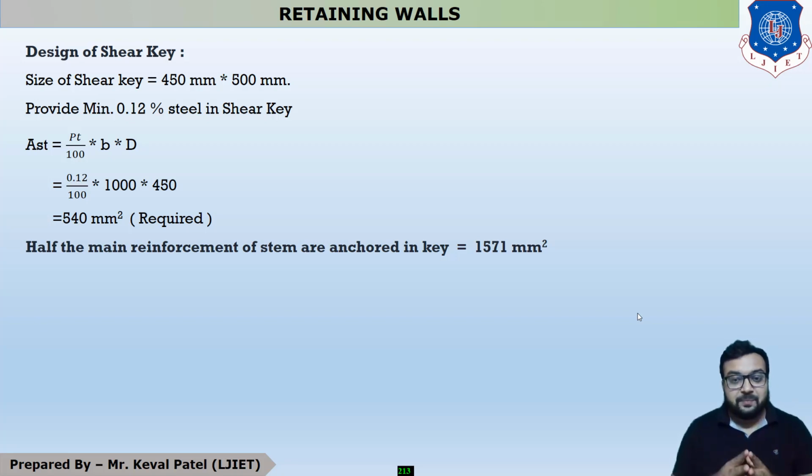There are mainly 7 steps in the design of a cantilever retaining wall, of which the first 6 steps are completed. In the last step we are discussing the design of shear key. After completing the design of shear key, we start our example number 2, which is the design of counterfort.